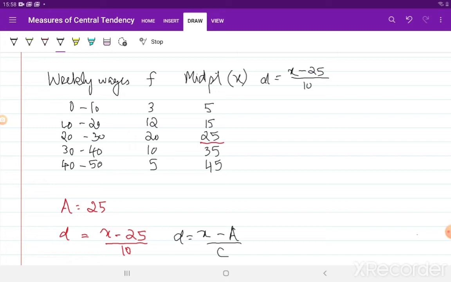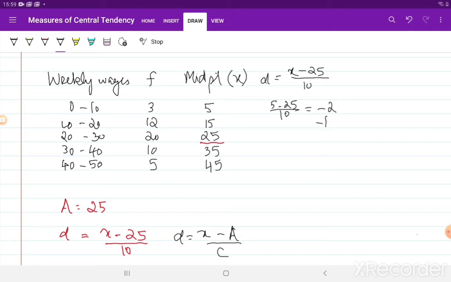So let's see, oh, so sorry. It's x minus, so it's 5 minus 25 divided by 10. So that's minus 20 by 10, which is minus 2.